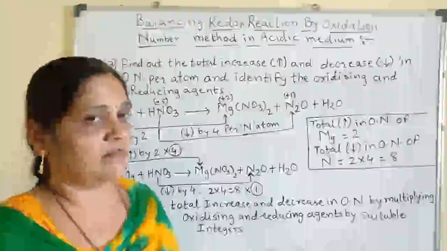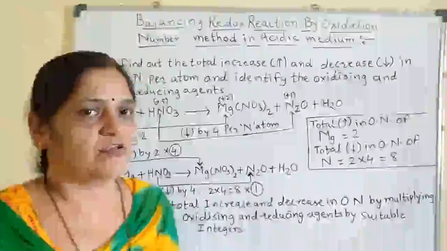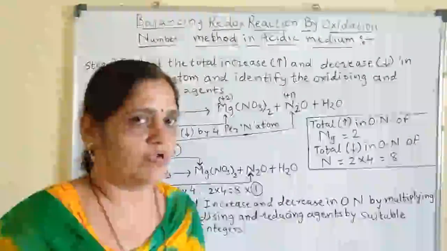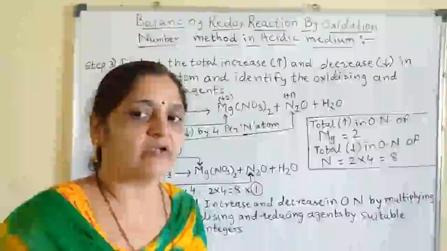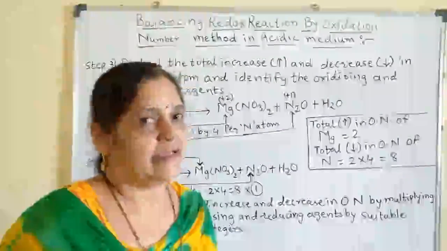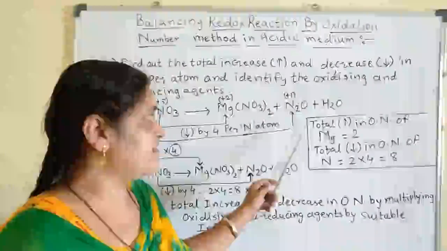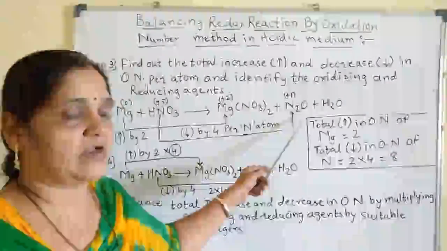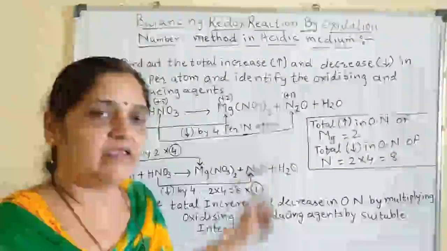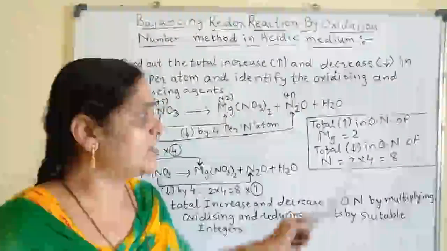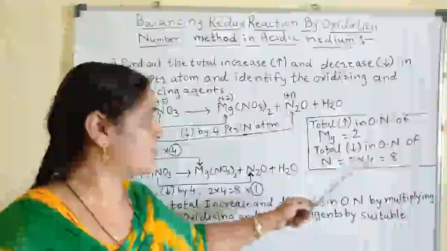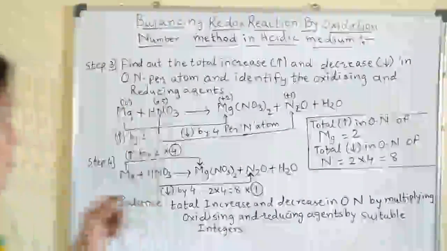So there will be change in oxidation number of each nitrogen atom, or decrease in oxidation number of each nitrogen atom by 4. And therefore for 2 nitrogen atoms it is equal to 8, right? So on the left hand side only one nitrogen atom you can see, but on the right hand side there are 2 nitrogen atoms. That is why we are counting 2 multiplied by 4 is equal to 8 total decrease in oxidation number.